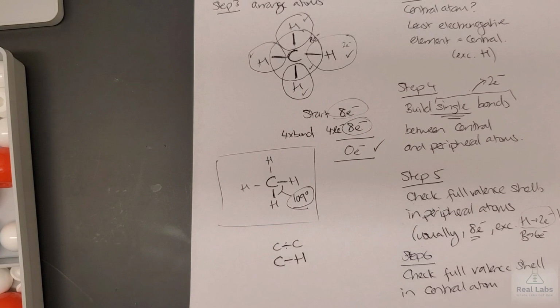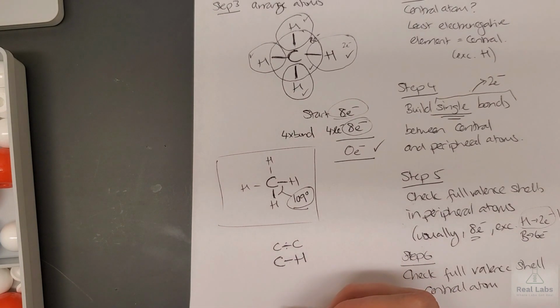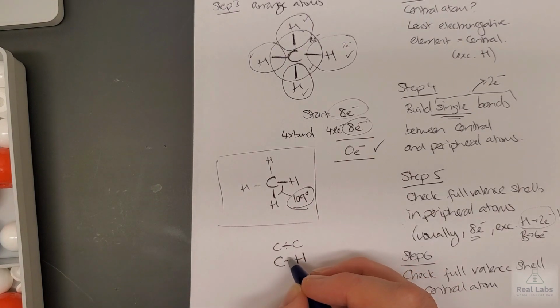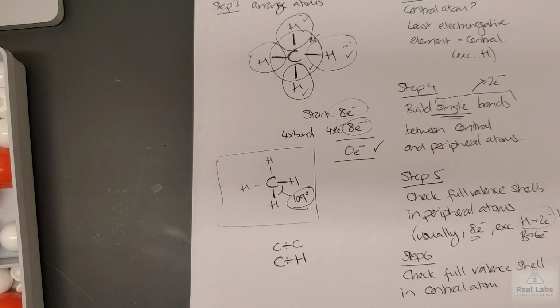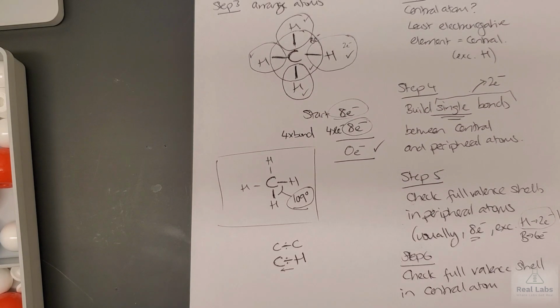Now, the carbon is actually slightly more electronegative than the hydrogen, and as such, those electrons won't be right in the middle. They'll be a little bit to the left. So if there's any kind of bond polarity at all, it is going to be towards the carbon. It means the electrons have moved more towards the carbon, so we draw the arrow in that direction, and we draw a little crosshead on the other end to show the actual dipole.